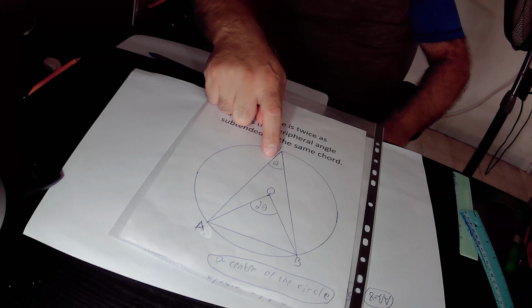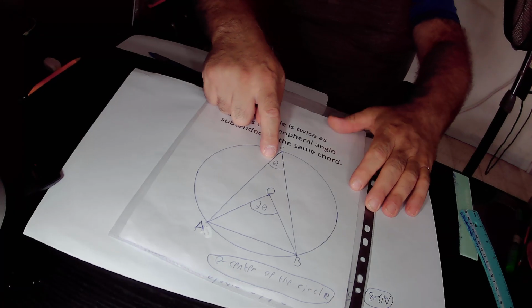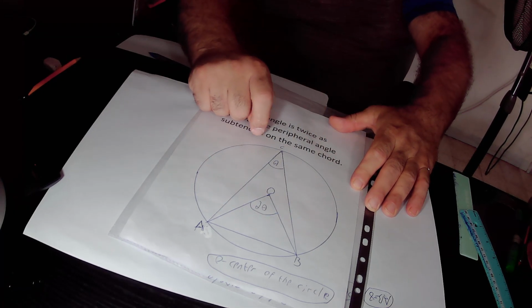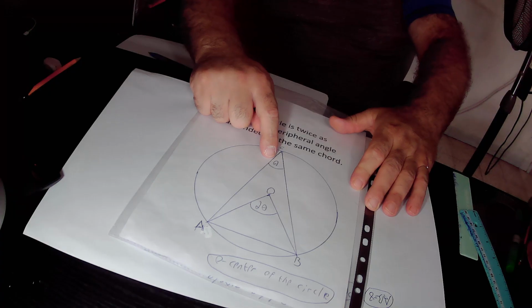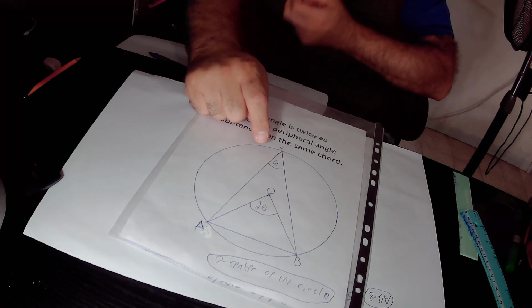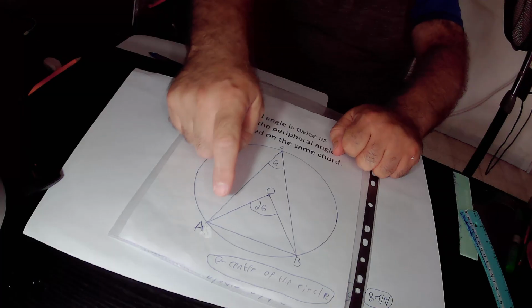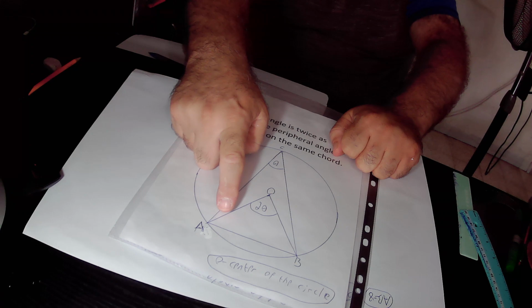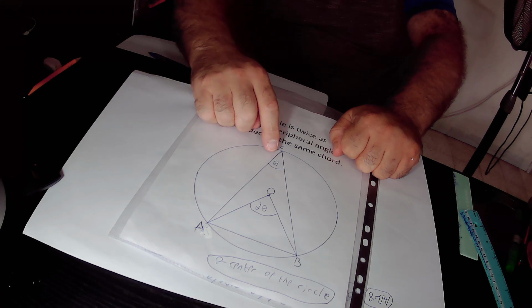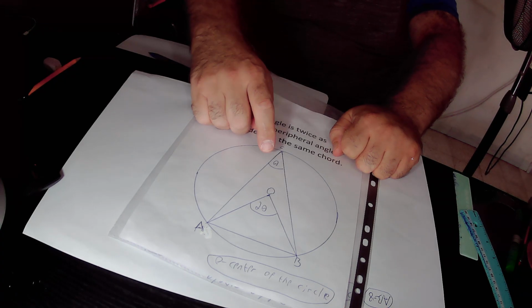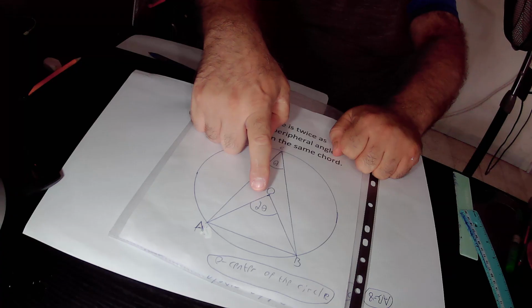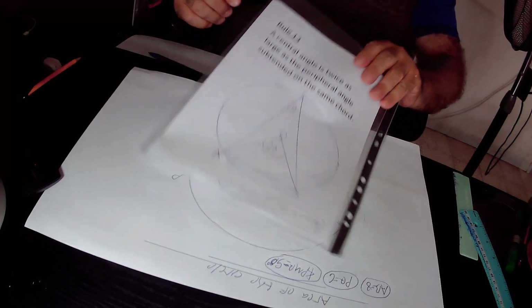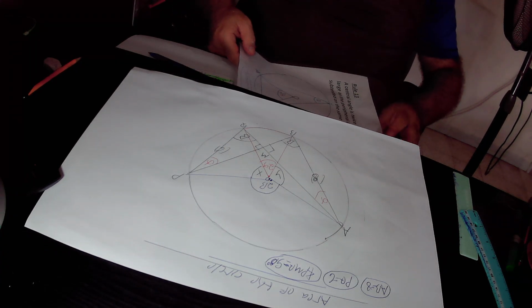This is peripheral angle ACB that subtends chord AB, and it is equal to theta in its size. So according to Rule 13, the central angle AOB that is also subtended on the same chord AB must be twice as large as the peripheral angle ACB. Peripheral angle ACB equals theta, therefore the central angle AOB must be equal to 2 theta.